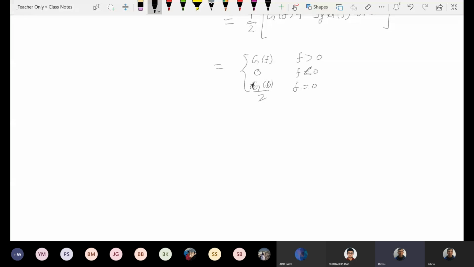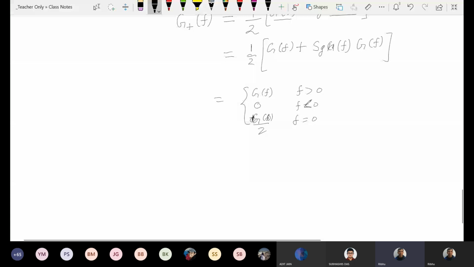This is okay. Excellent. So now what do we do with this? With the exception of f equal to 0, that's a single point, so we choose to ignore that.